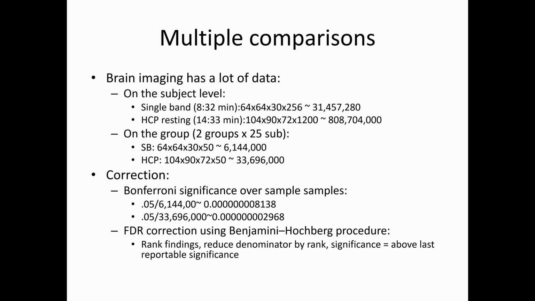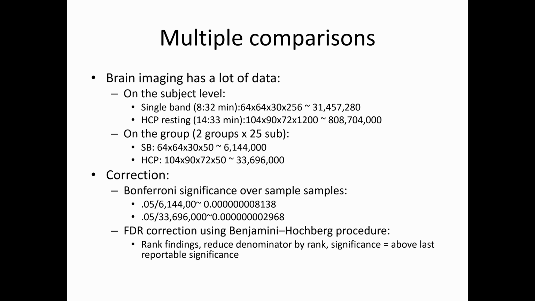This doesn't quite work out so easily well for a data set where you have 100,000 voxels that you're looking at. So you need to make controls for that. You need to say, okay, there's aspects of my data that may make this hard threshold unachievable.